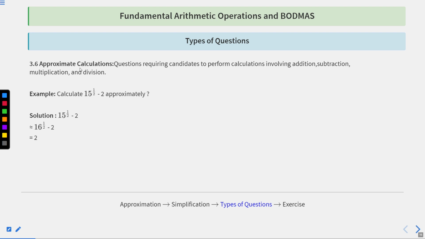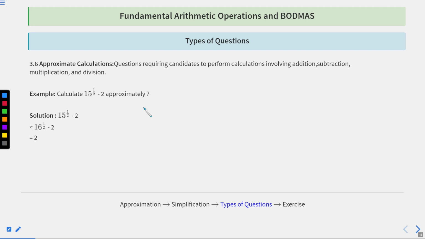The sixth type of questions that are asked is approximate calculations. So questions requiring candidates to perform calculations involving addition, subtraction, multiplication and division. For example, calculate 15 to the power 1 by 2 minus 2 approximately. So, as you remember, in the previous slides, we have seen 15 to the power 1 by 2 cannot be computed very easily.